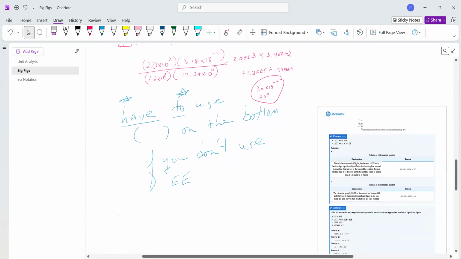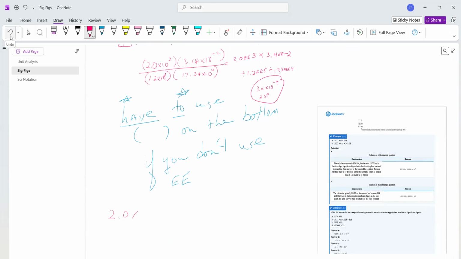There are lots of extra steps if you don't have EE. You're going to go 2.0 EE.